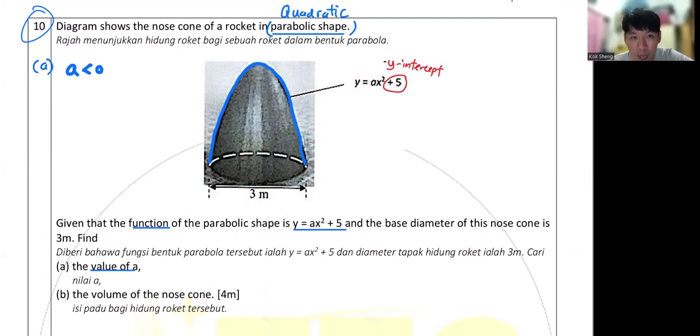Now when you add on the x and y-axis yourself, you must make sure that the y-intercept is in the correct place. Example like this, this is your y-intercept.